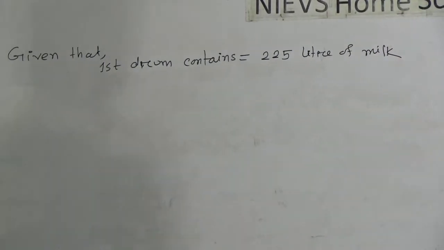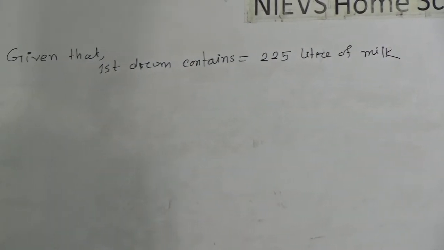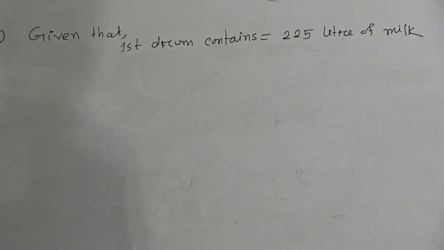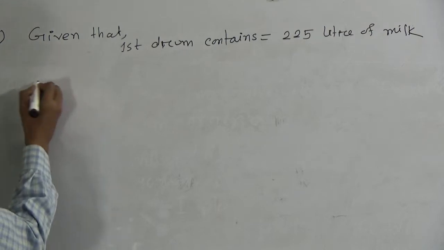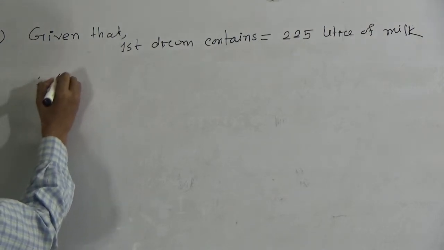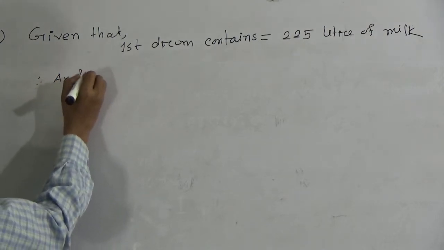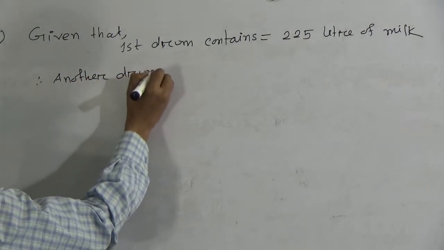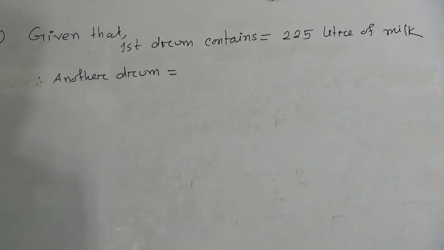First drum contains 225 liters of milk. As per the question, you can write, therefore, another drum, that means the third drum.